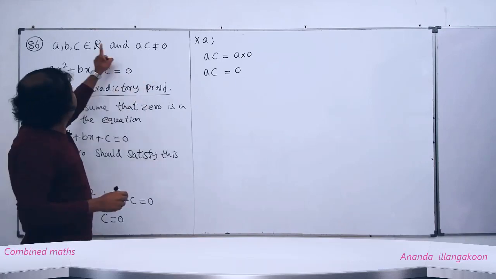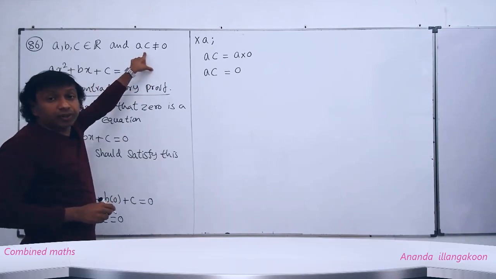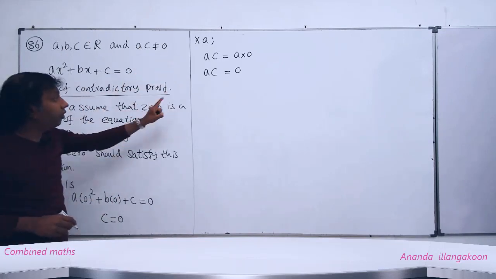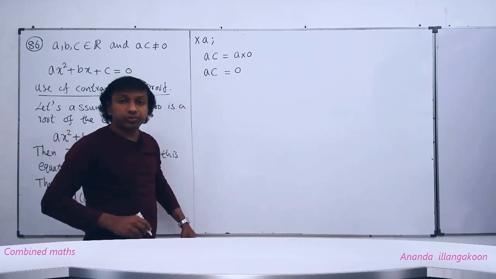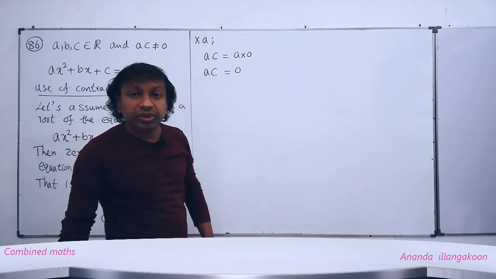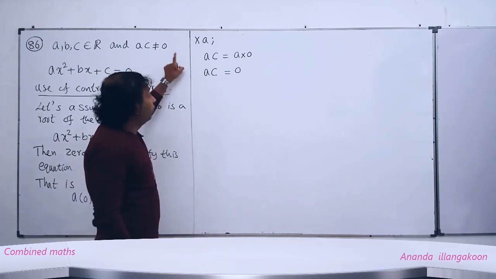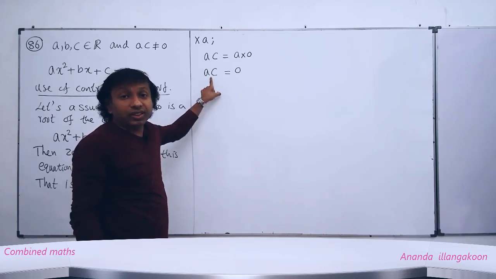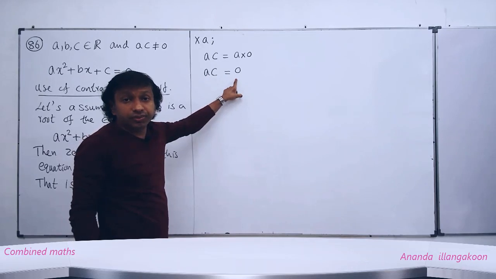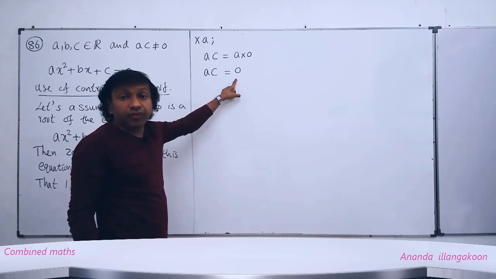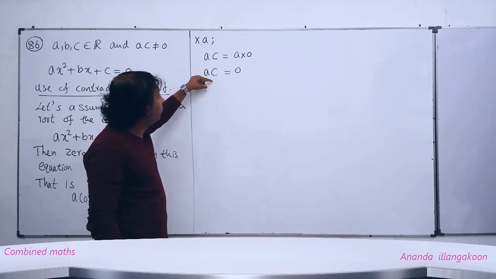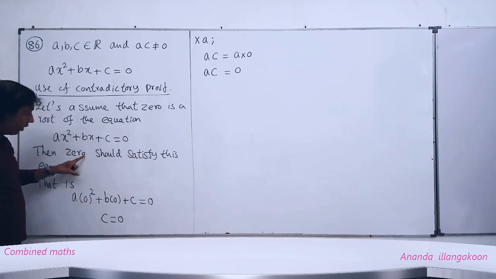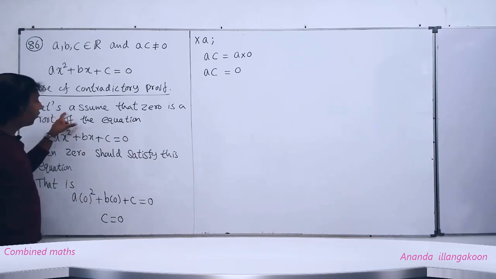But people, look at the given data in the question at the very beginning. AC not equal to 0. But subject to this assumption, we got AC equals 0. Given that AC not equal to 0, therefore this statement is false. This wrong result we got from this assumption.